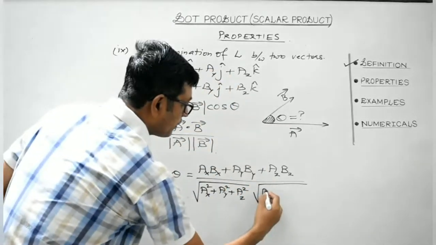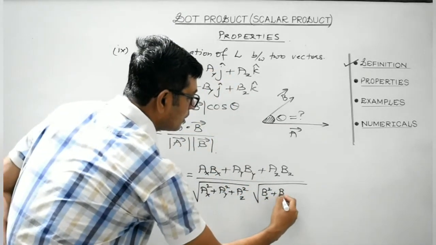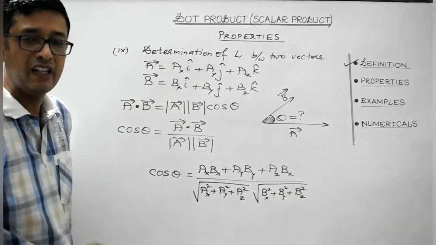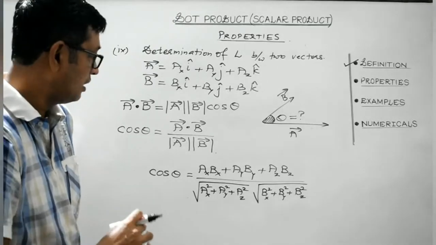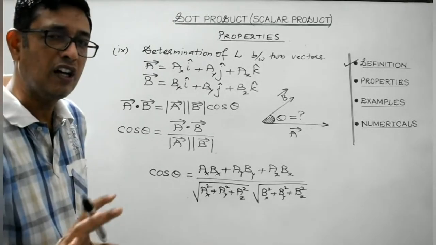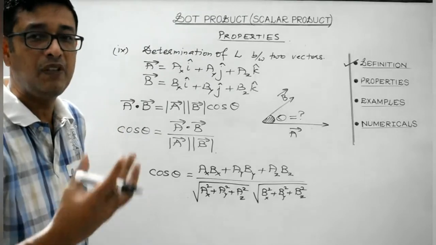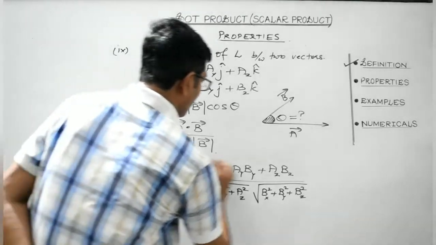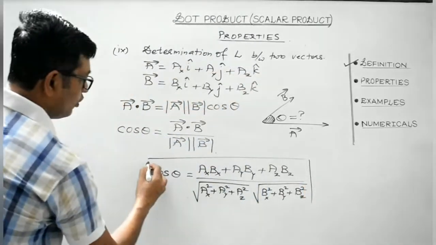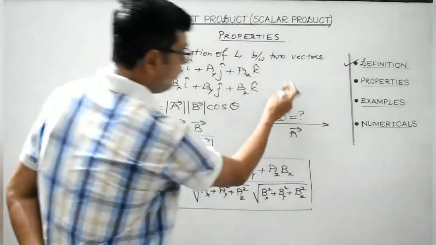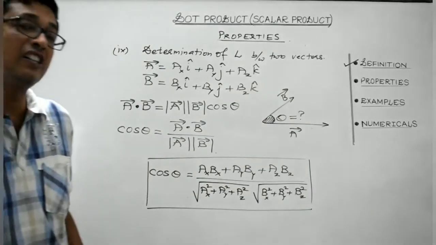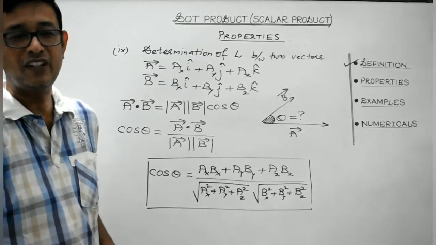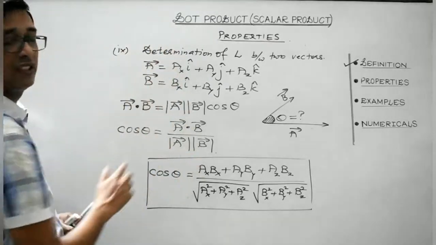It will be bx square plus by square plus bz square, and ax, ay, az, bx, by, bz, these all are the components of A vector and B vector along x, y and z direction, right? So this is the formula to be used for the determination of the angle between any two given vectors which are represented in the form of their rectangular components. Right, students? So I hope you have understood this, right?